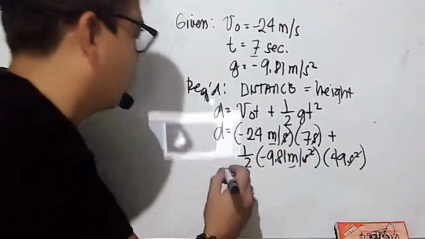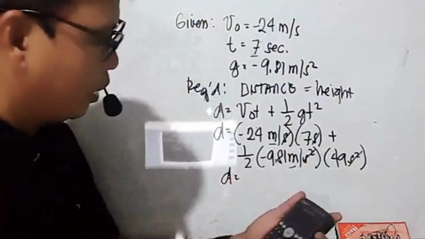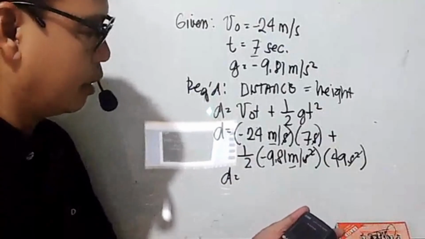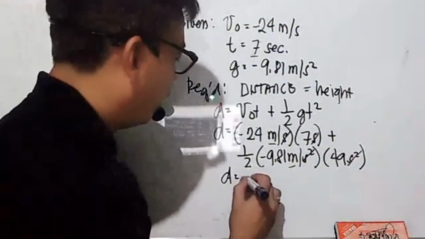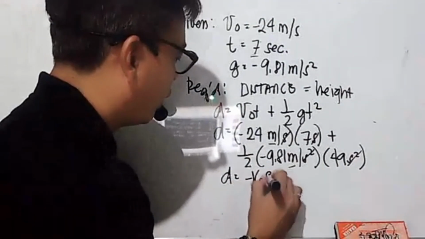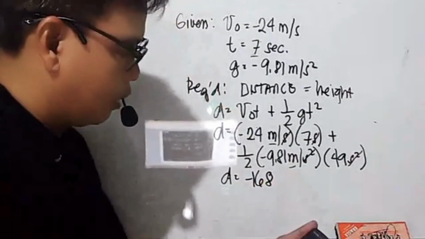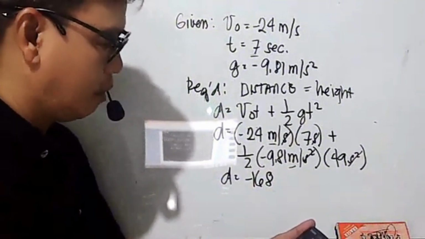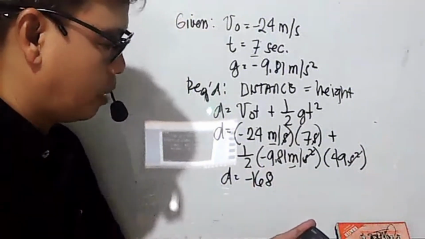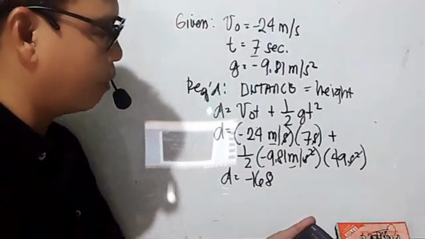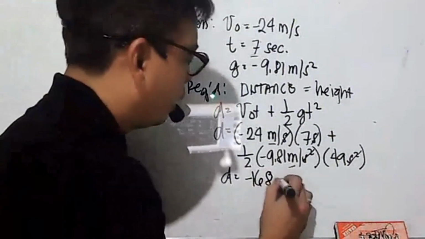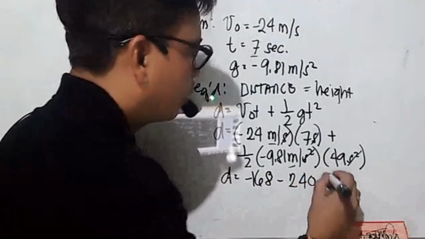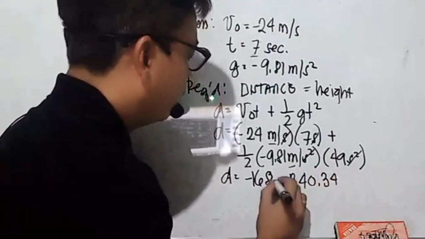I'll multiply the first part: negative 24 multiplied by 7 is equal to negative 168. Next is 49 multiplied by negative 9.81 multiplied by 0.5, or 1/2. So it is negative 240.34, in meters.